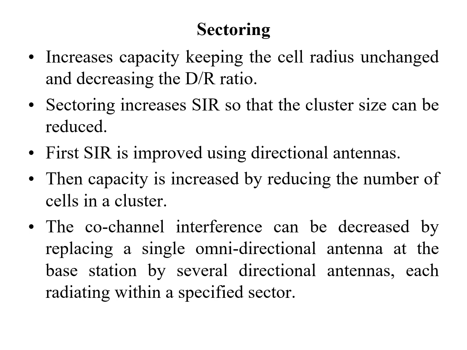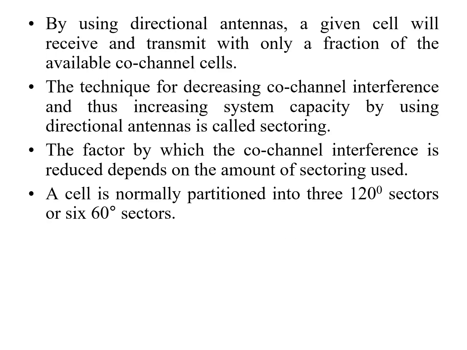The co-channel interference can be decreased by replacing a single omnidirectional antenna at the base station by several directional antennas, each radiating within a specified sector. By using directional antennas, a given cell will receive and transmit with only a fraction of the available co-channel cells. The technique for decreasing co-channel interference and thus increasing system capacity by using directional antennas is called sectoring.